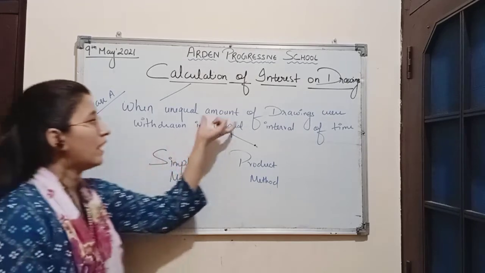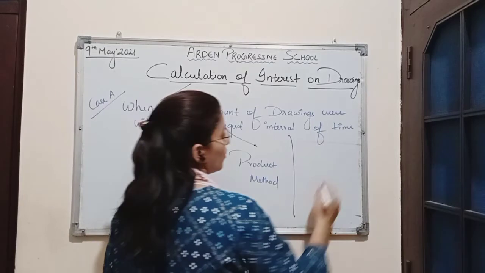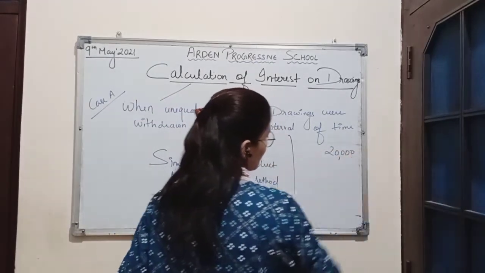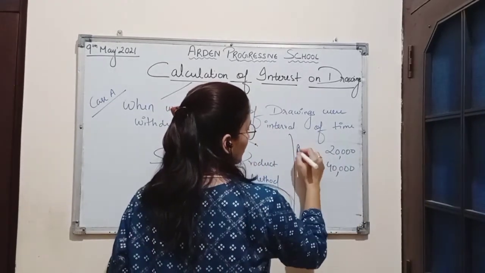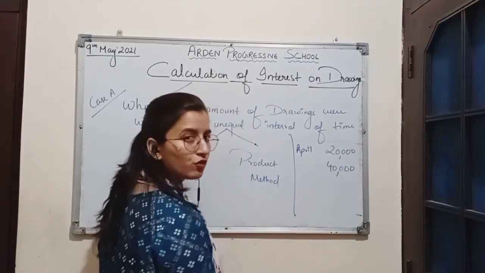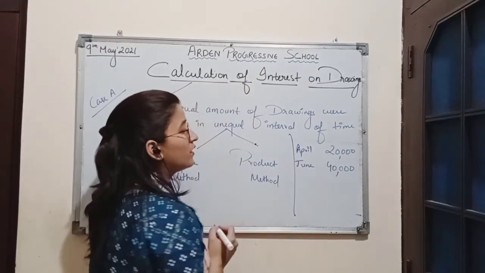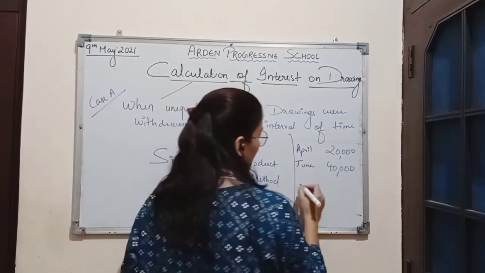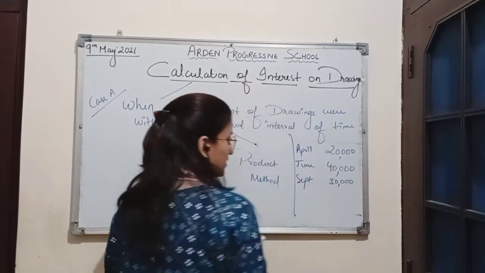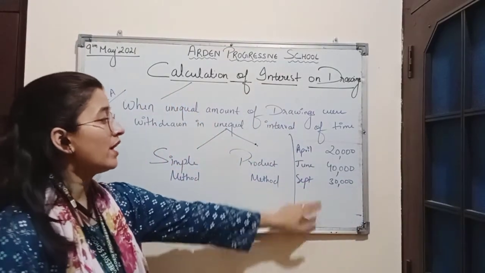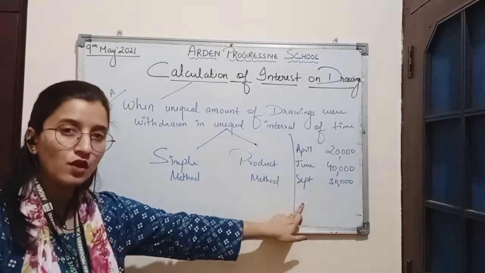For example, a partner has withdrawn 20,000 in the month of April, then in the month of June he has withdrawn 40,000, after that in September 30,000, etc. So this is the case where unequal amounts are withdrawn in unequal intervals of time.